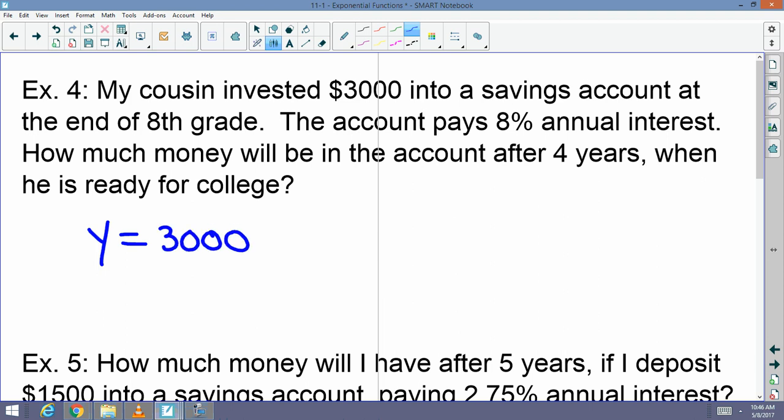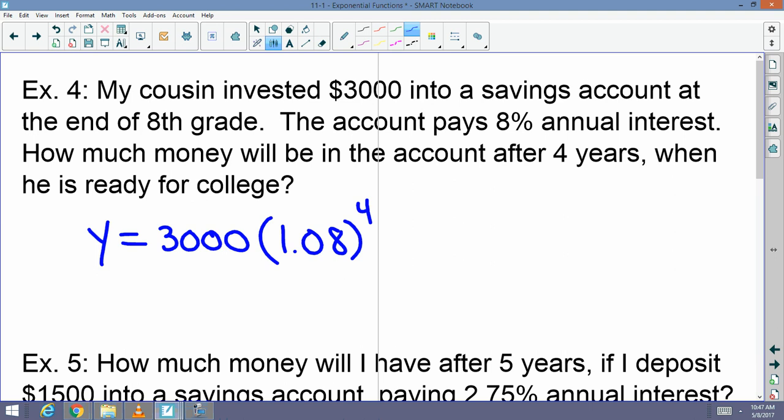Great job, my brother. Yes, sir. Oh, yeah, because he went 1 plus the 8%, which is 0.08, but he went ahead and did it all together. So he said 1.08. Fantastic. To the 4th power, because he knows that it's to the x power, and that's time, and that's 4 for this equation.